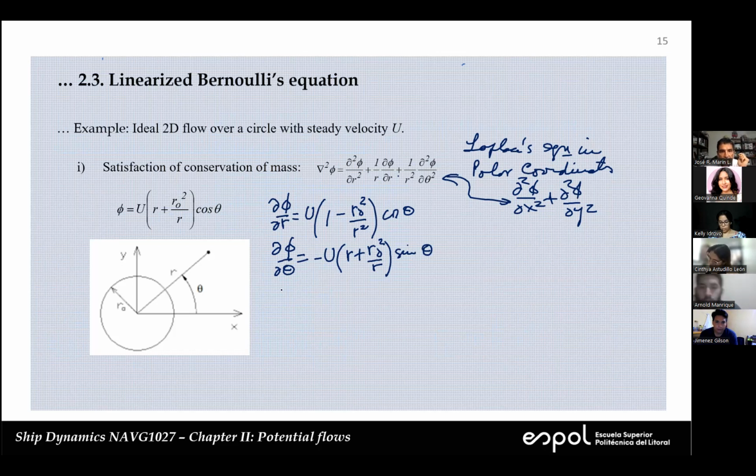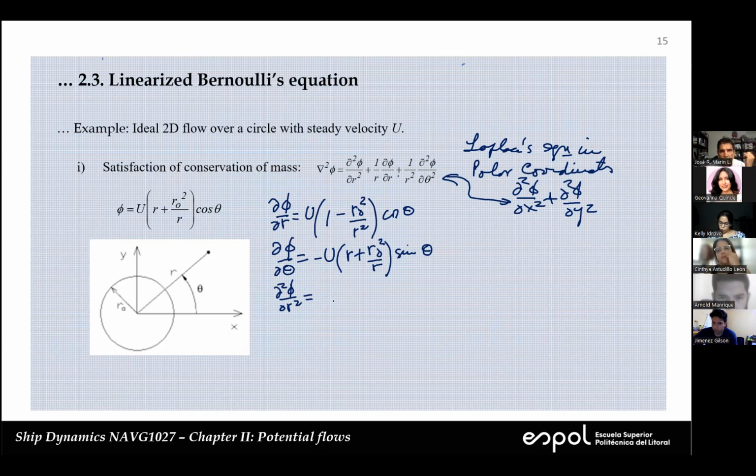Now somebody, the second derivative of phi with respect to r. Anybody? Okay, do you have it? Vicky, you have it?